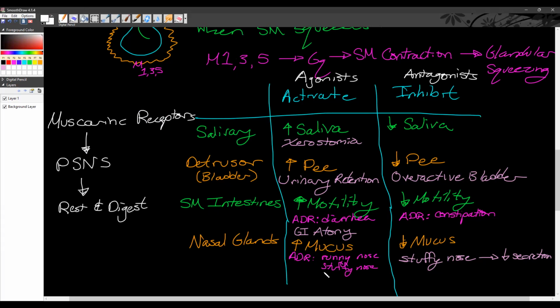Which column represents rest and digest? The activate column, or the agonist column. Yeah, the activation, right? We're activating muscarinic, which means that we are causing rest and digest, which means that we are increasing the vagal tone.